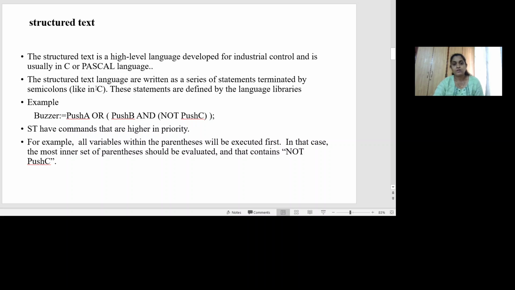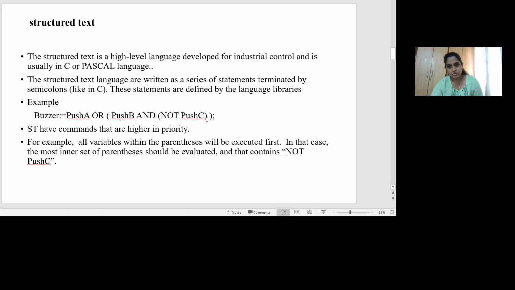Functions like for, while, else, if can also be used for PLC programming. The statements all end with a semicolon, and it also uses the functions which we use in the C language.